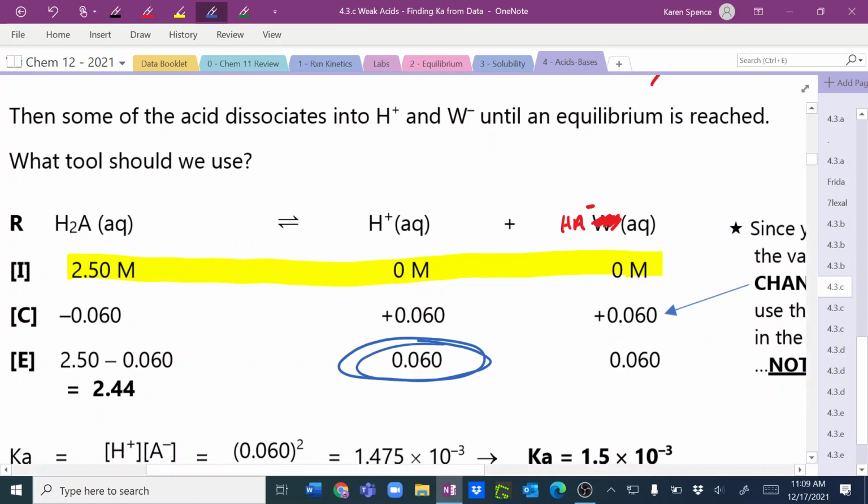So if we know this value, we can solve for the change, because in order to get from 0 to 0.0060, you obviously have to add 0.0060.